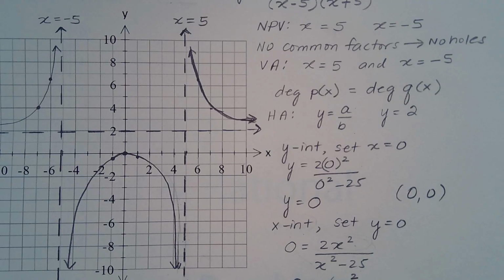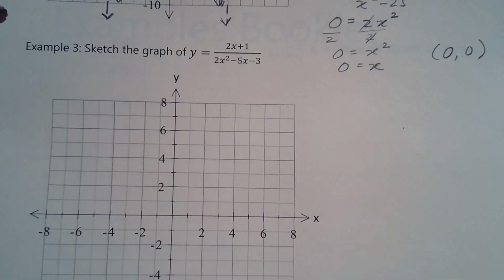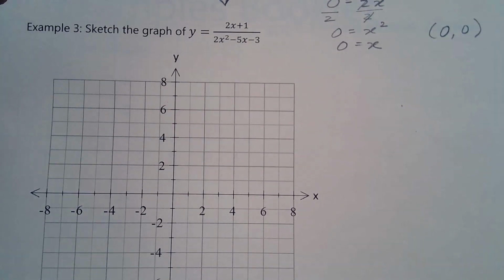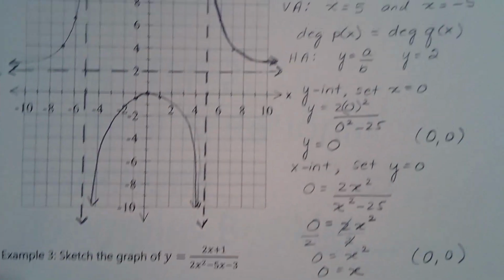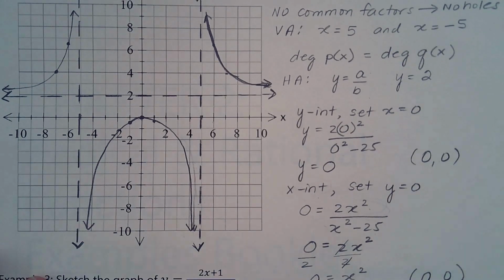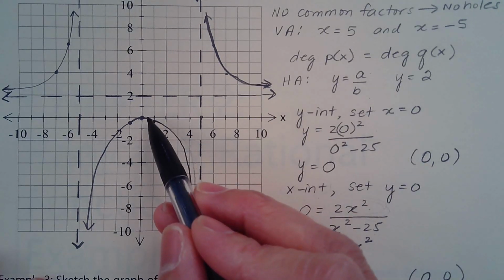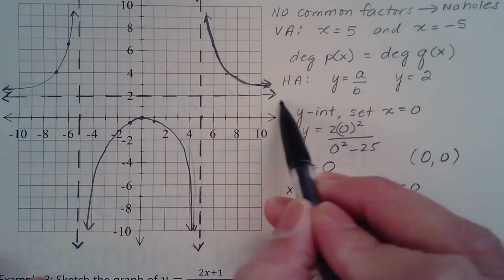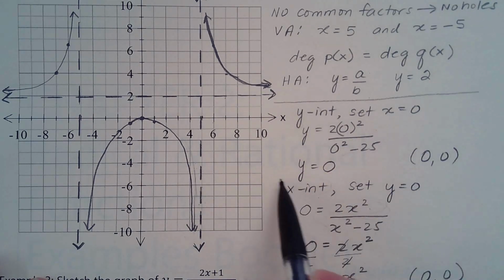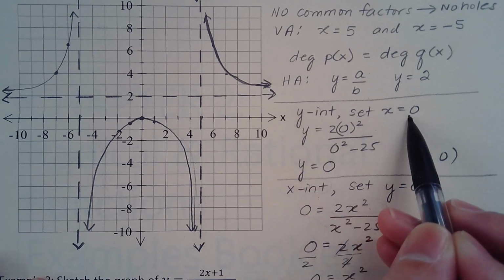Let's try one more. Okay, let's see this one. How do we get this one here? So this one here, we had to figure out the x-intercept and y-intercept. To figure out the y-intercept, we're going to set x equal to 0.